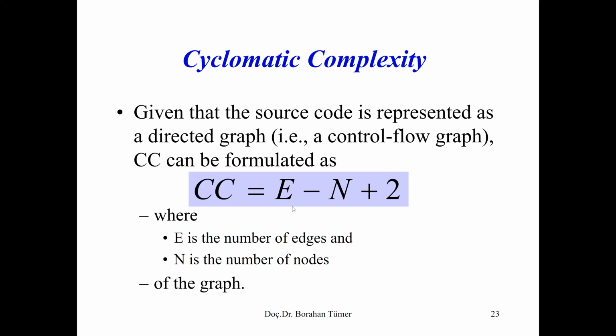E is the number of edges and N is the number of nodes here. So again, the cyclomatic complexity is equal to the number of edges minus the number of nodes plus 2.